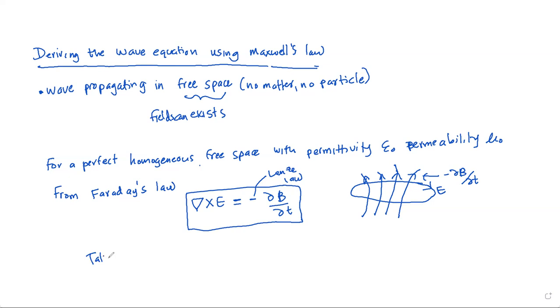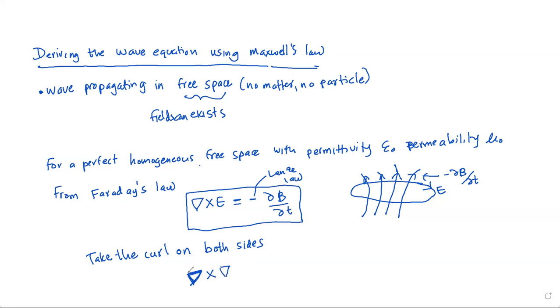We can take the curl on both sides. Taking the curl on both sides means we are going to apply the curl operation on both sides. The curl operation means you add this del cross product.